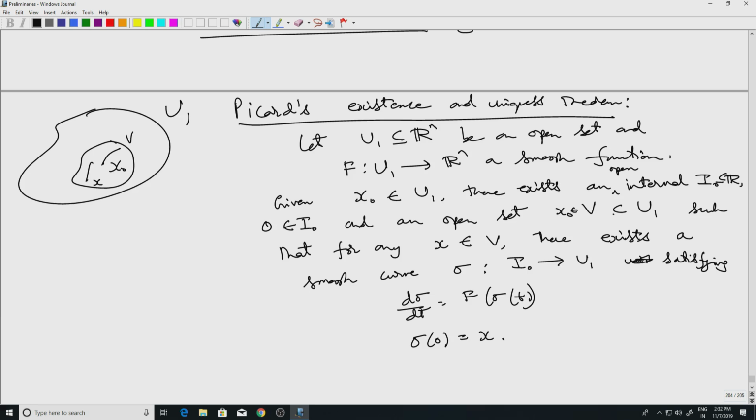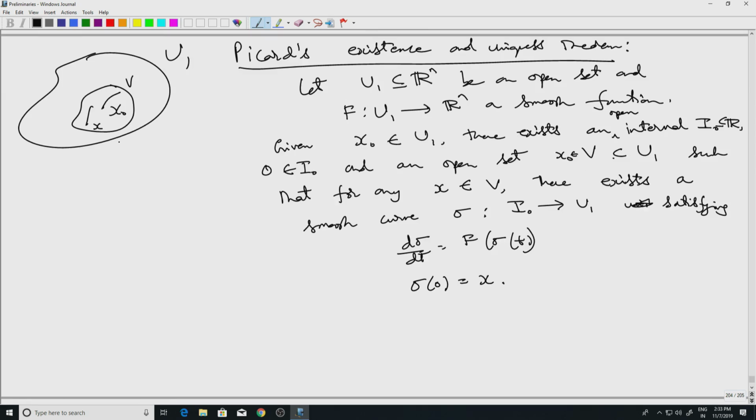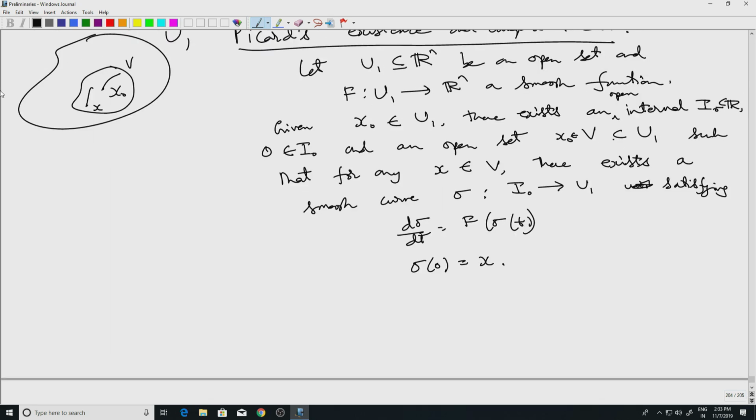So here we are saying that as long as we are close enough to a given point, all the intervals on which the solutions are defined, we can assume they are all defined on a common interval satisfying this. This is one statement.